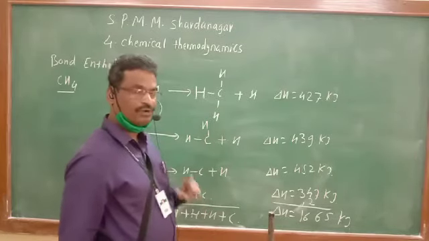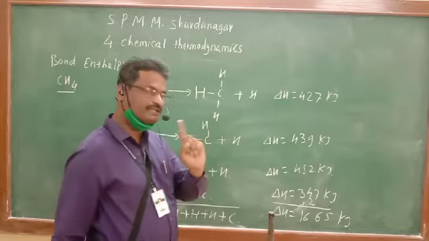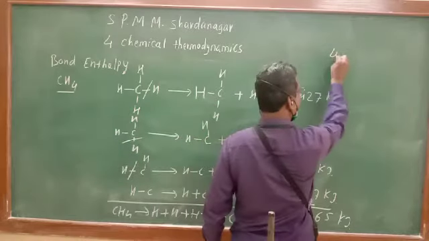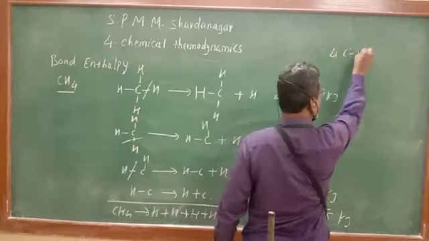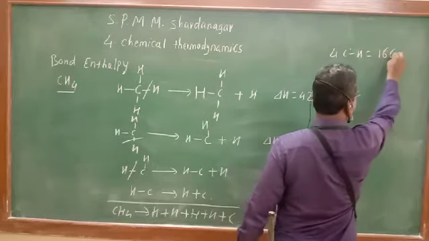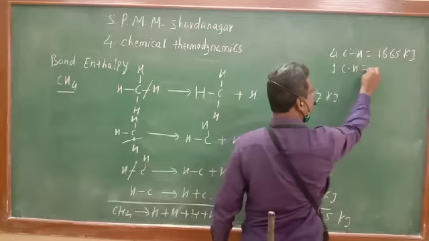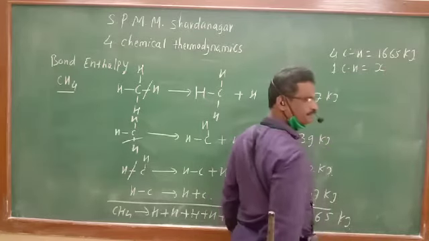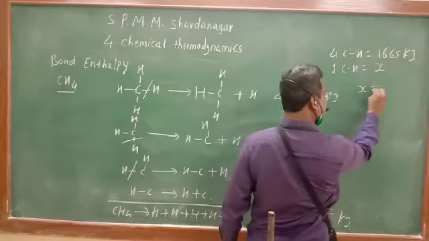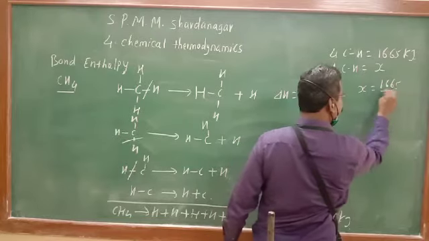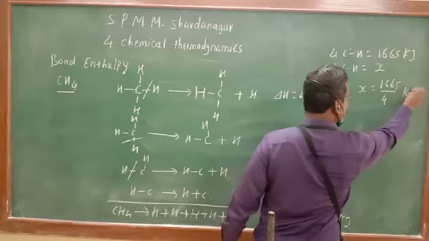Therefore, what is the energy required to break 1 CH bond? For breaking 4 CH bonds, the energy required is 1665 kilojoule. So for breaking 1 CH bond, energy required will be X. Doing cross multiplication, X is 1665 divided by 4 kilojoule.